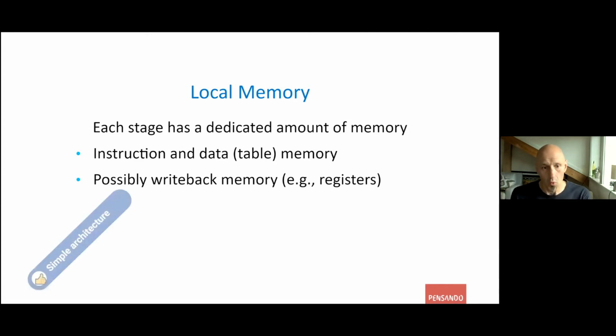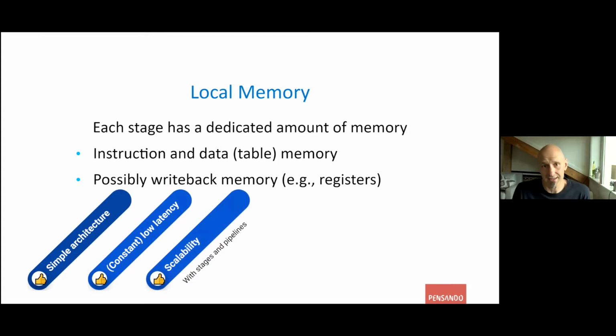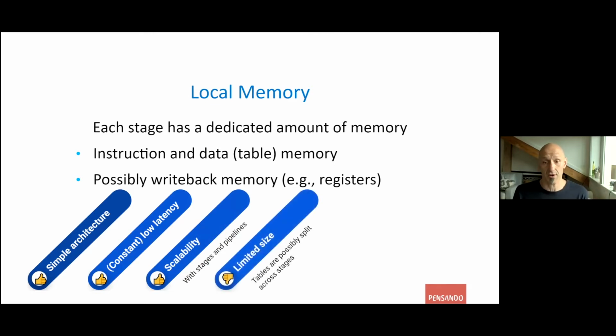Having a local memory has the advantage of a very simple architecture. The access latency is low and always constant. And the solution is scalable, because as we add more pipelines or more stages to our architecture, we also add more memory. So we do not have increased contention, and we do not have an overall limit of memory. But the memory for each stage is going to be of a limited size.